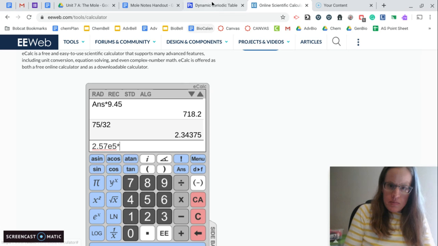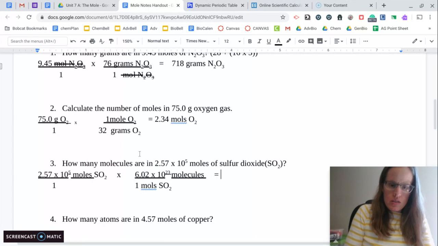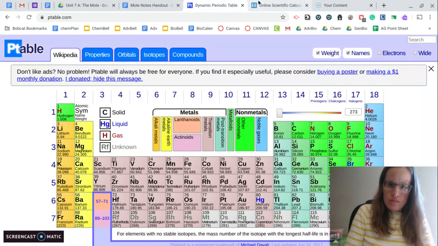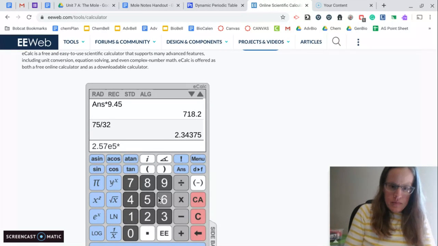And then times, because the 6.02 times 10 to the 23rd is up on top, I'm going to multiply between these two. And then remember, instead of times 10, I'm hitting EE. That takes the place of the times and the 10. And then I'm putting in 23.